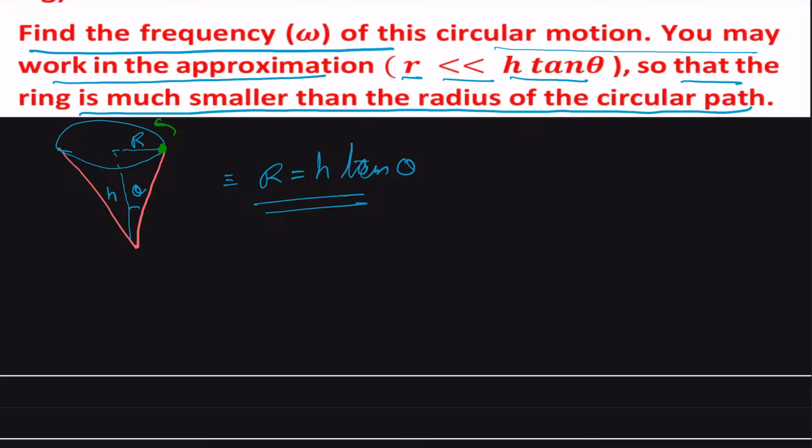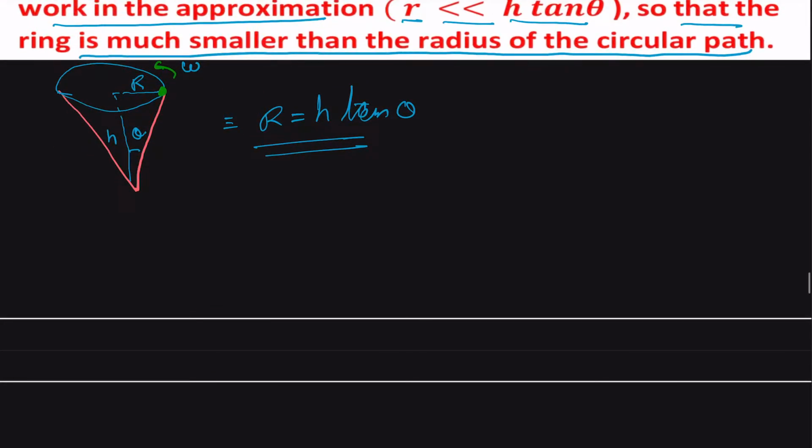Suppose it is moving with an angular speed of omega, which is the angular velocity about the vertical axis.